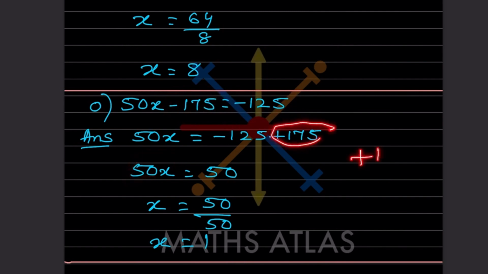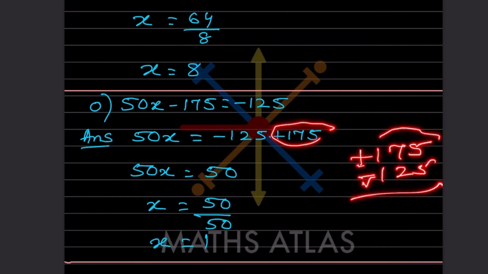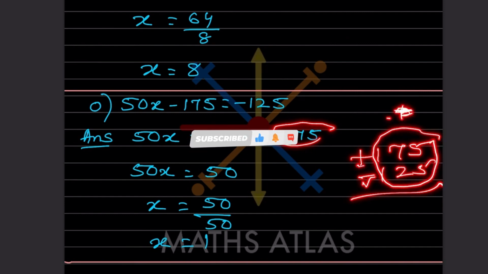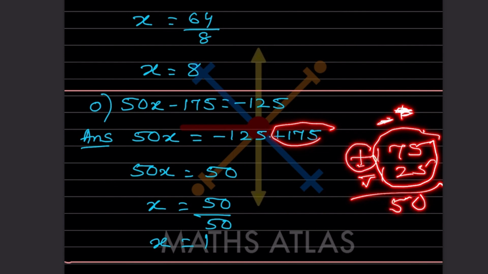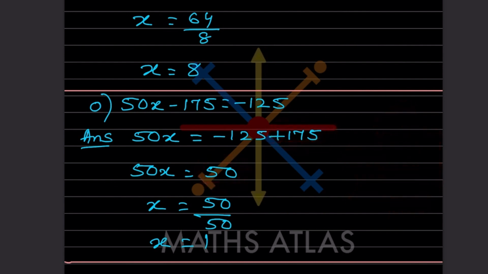So I'll write it up, 175 and minus 125 over here. A plus and a minus sign means you are going to subtract. So what do you get over here? This is 50, but take the sign of the bigger number. Which is the bigger number? 175. So this is positive. So x is 50 by 50. That is going to be 1.